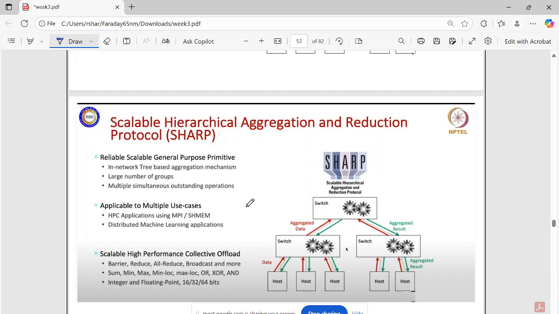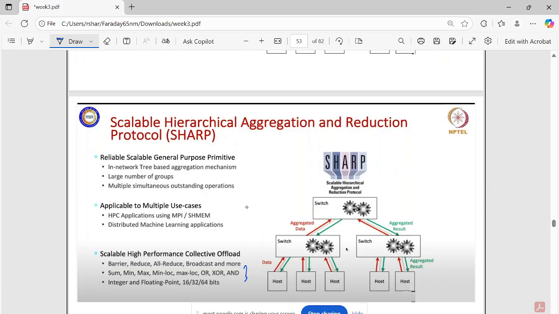When we run a reduction operation, the network switches themselves collect the data in a single step from all the connected servers and do a reduction. Reduction can be a simple sum, minimum, maximum, XOR, or AND operation, whatever is demanded by the applications.